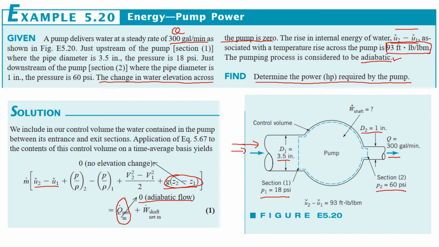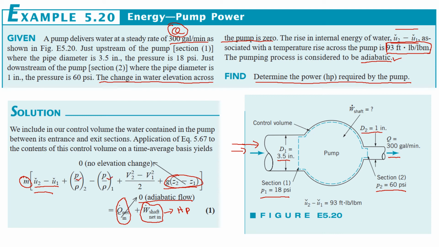So let's move on to the rest of the solution, and what we need to find is this power. This is the rate of work done by the shaft on the fluid, and this is the horsepower that we are required to find. What we don't know in this equation is the mass flow rate, but we can calculate it from the volumetric flow rate. We know these two terms. We know the pressure at outlet and the pressure at inlet.